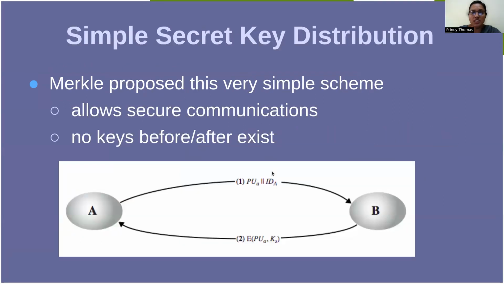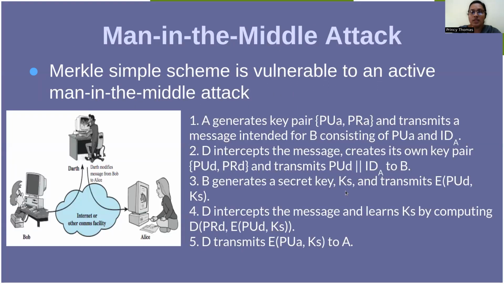That is this message over here. Now D intercepts the message and creates his own key pair, public key and private key, but this is of D. And he sends his public key and A's identity to B. So now B thinks that this PUD is A's public key.